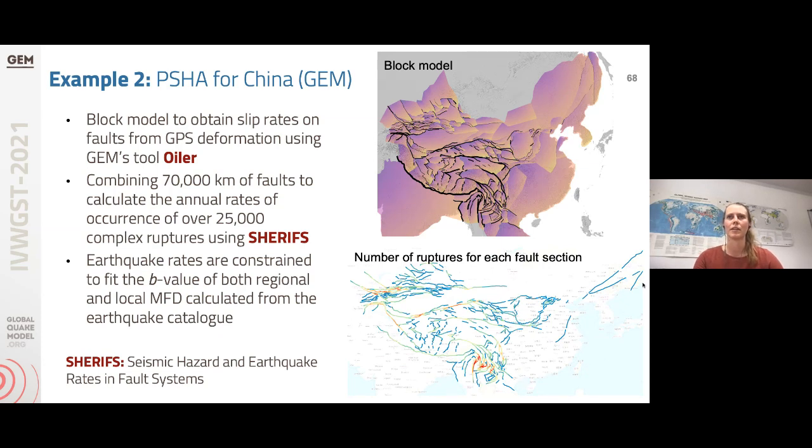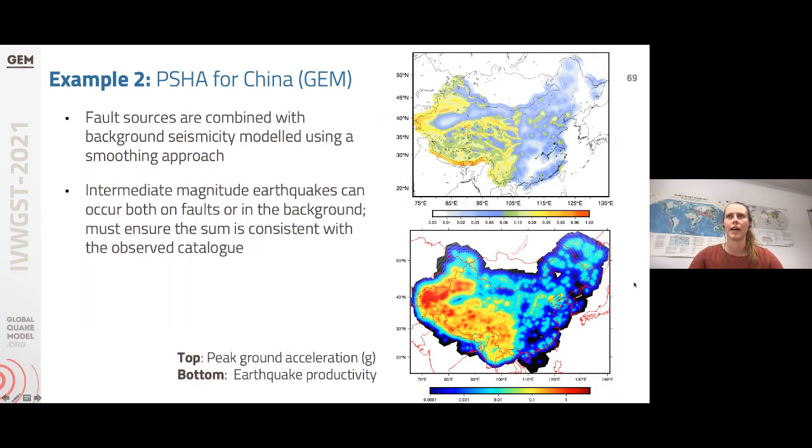And in addition to using these modeling outputs, the earthquake rates are constrained also by the earthquake catalog by using it to compute local MFDs surrounding the faults, as well as the b value, so that's the rate of high to low magnitude earthquakes. While the results of the fault and rupture modeling are important, the background seismicity, the distributed seismicity in China, is also quite important to the hazard.